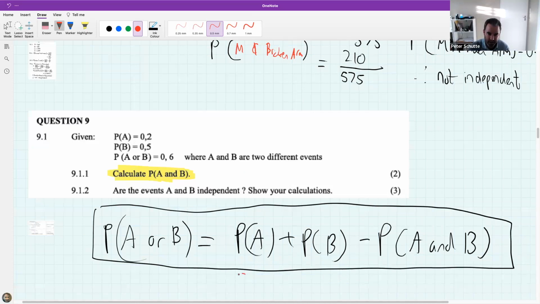So you're right. This would be 0.2. P of B would be 0.5. And then P of A or B would be 0.6. So now I want to ask you, what does this bit over here have to be in order to make the world balance?